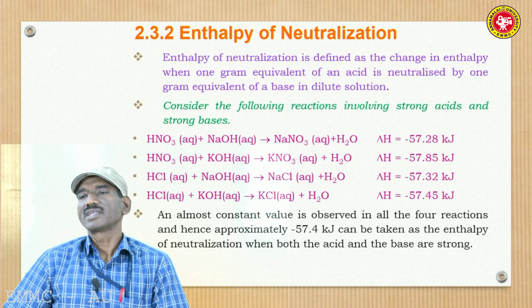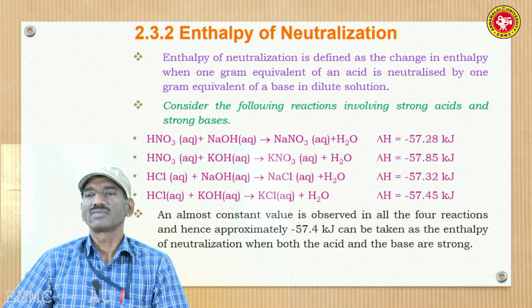The obtained delta H value is minus 57.32 kilojoule. Last one, hydrochloric acid reacts with potassium hydroxide, a strong base, giving rise to potassium chloride as a neutral salt with H2O. The obtained delta H value is minus 57.45 kilojoules.